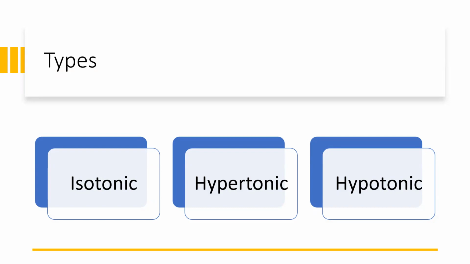Isotonic dehydration is actually the most common type of dehydration, and it results in decreased circulating blood volume and inadequate tissue perfusion. Okay, so moving on.